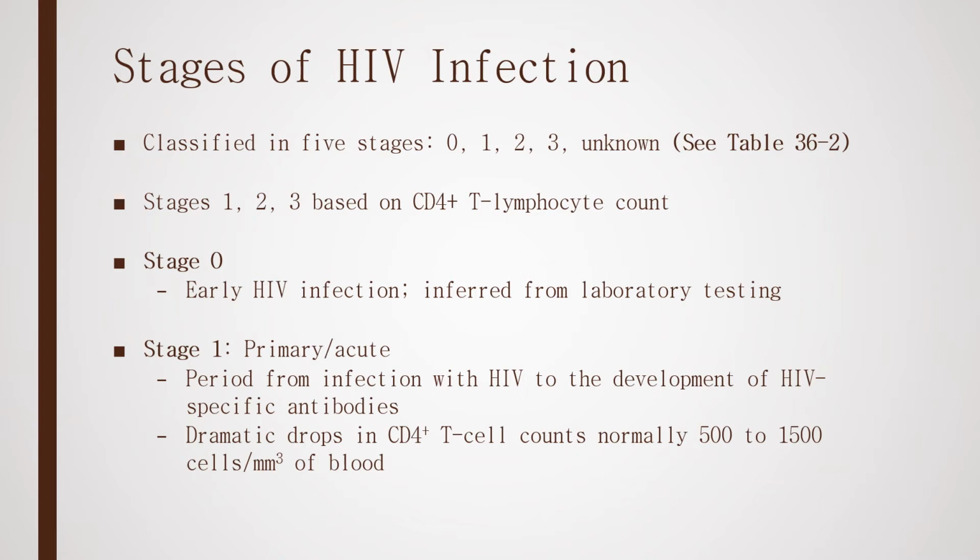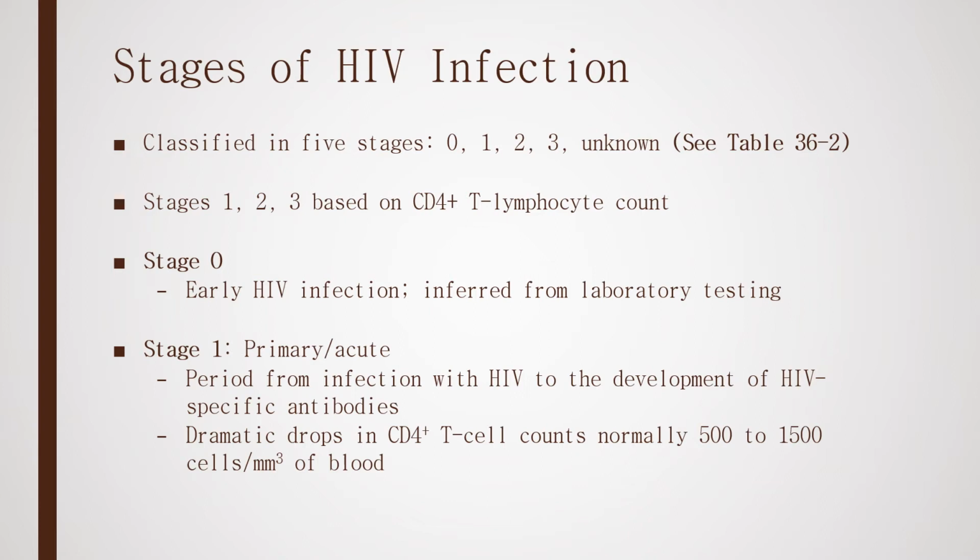Initially, there is a period during which those who are HIV positive test negative on the HIV antibody blood test. So that means their test is positive for HIV, but when they test for antibody, it doesn't show the presence of antibody.